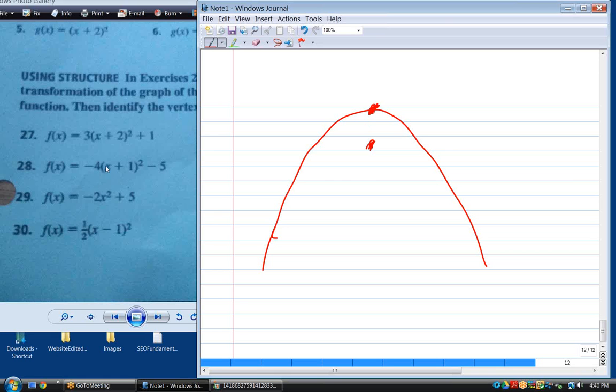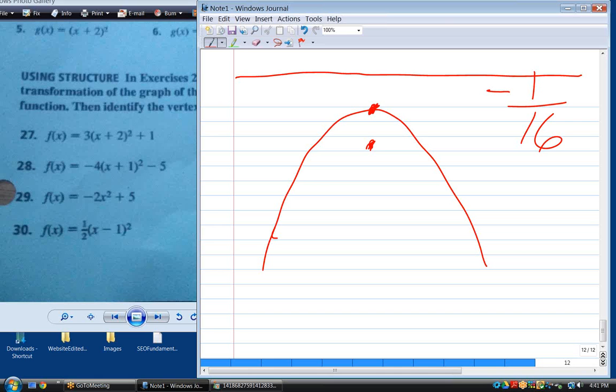Well, you got -1/16 for your focus? Yeah. Which means it's 1/16 below the vertex, and the directrix is 1/16 above it. I tend to like to talk about focuses as an absolute value, as opposed to having a sign.